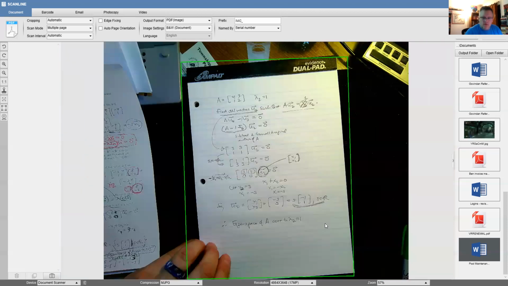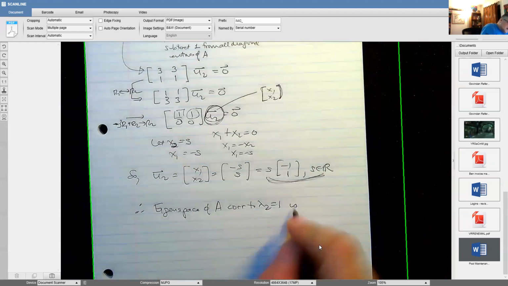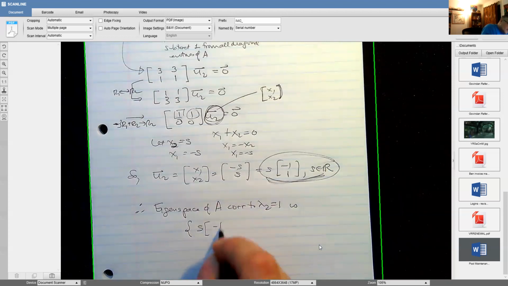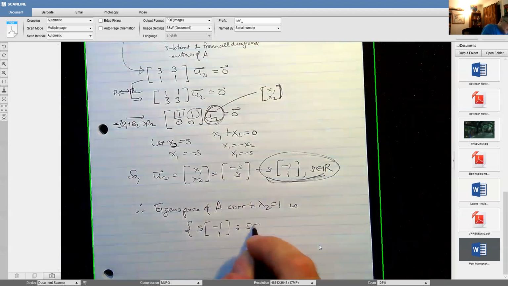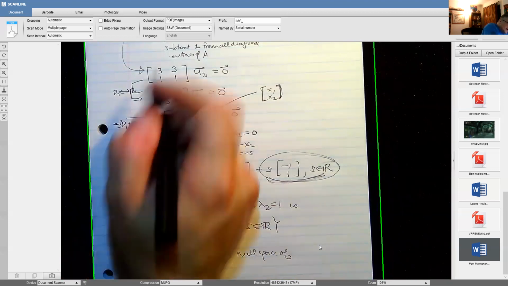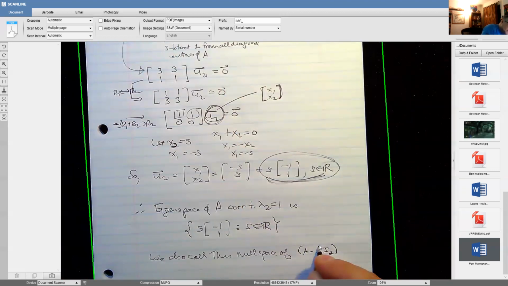Sorry about that. Wrong way. Here we go. All right, is the collection. So that's all those guys. So you multiply -1, 1 times any scalar you want. So that is what the eigenspace corresponding to that lambda is. And we also call this, just using our old terminology, the null space of the matrix that I used to get my homogeneous system.